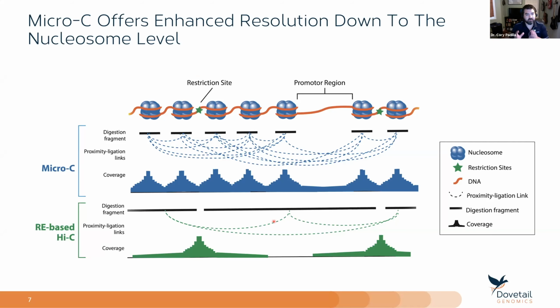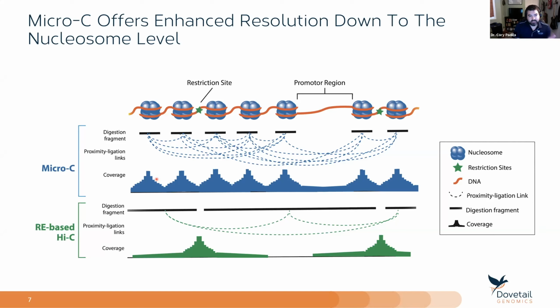So you're capturing fewer of those folding events, and your coverage per fragment is split, because you're enriching your reads right over a restriction site rather than over a chromatin-centric feature like a nucleosome.